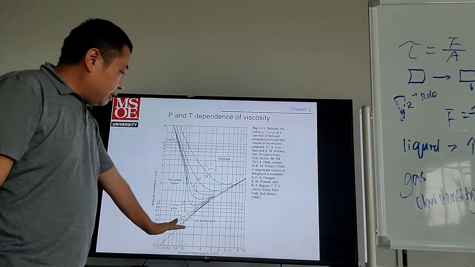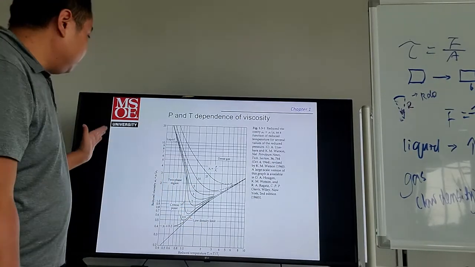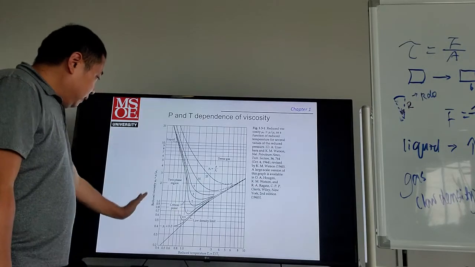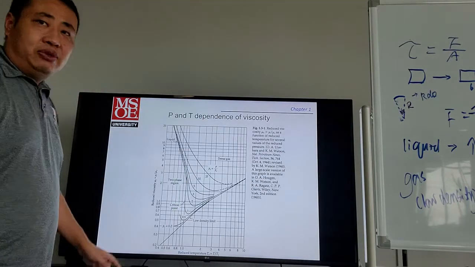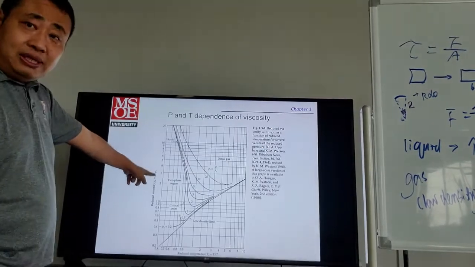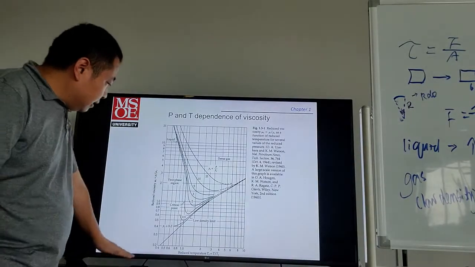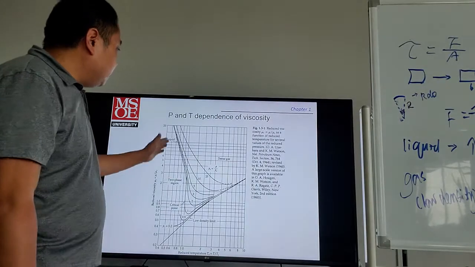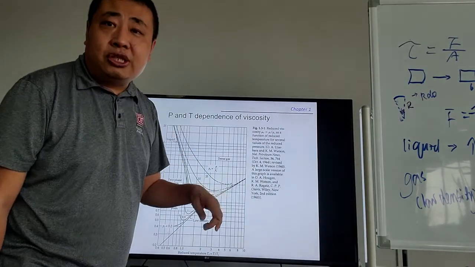For this graph, make sure you understand what you are looking at. The y-axis is reduced viscosity, remember? They are unitless, just numbers. The x-axis is reduced temperature, again unitless. And this one also has something to do with pressure.